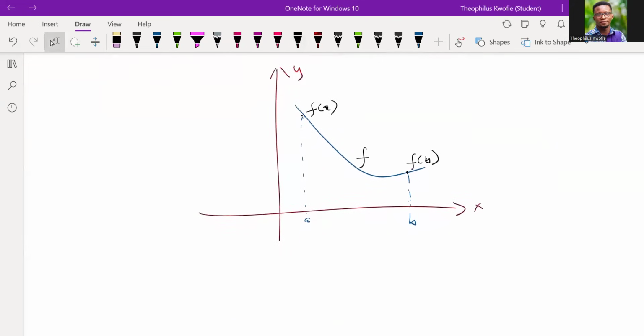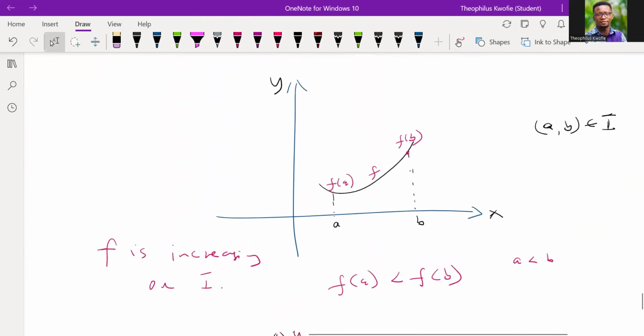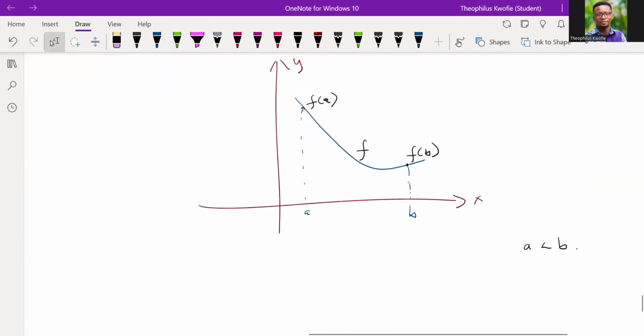Now, if we say that a is less than b, let me create a condition so that we would appreciate this.